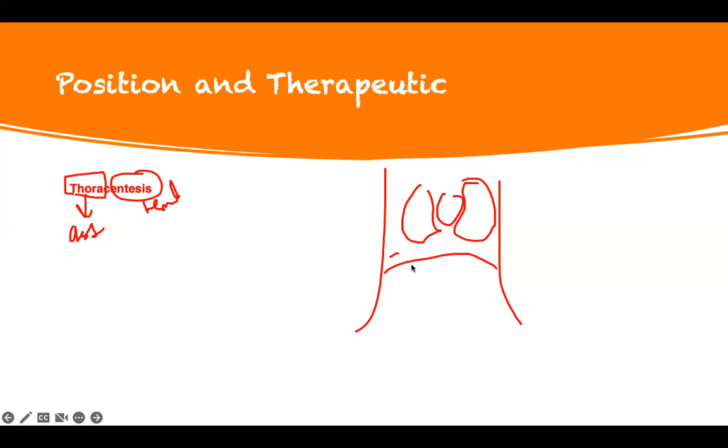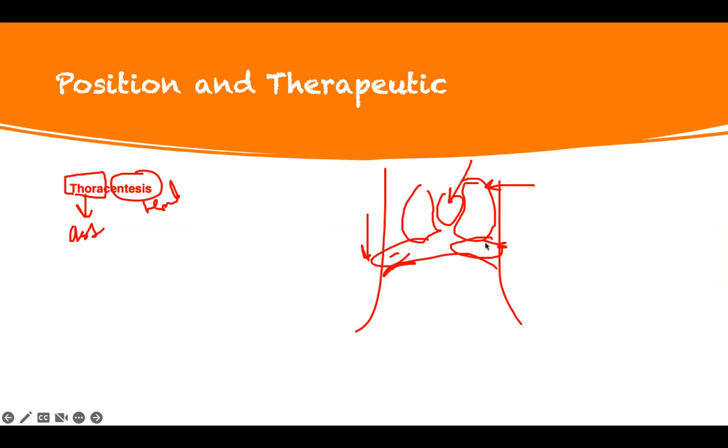The best position to remove fluid is the dependent position. So you let them be in the dependent position so that the fluid can collect over here. If you let them lay flat, sometimes you can, but this is the best position. You don't want to stick the lung, you don't want to stick the heart.